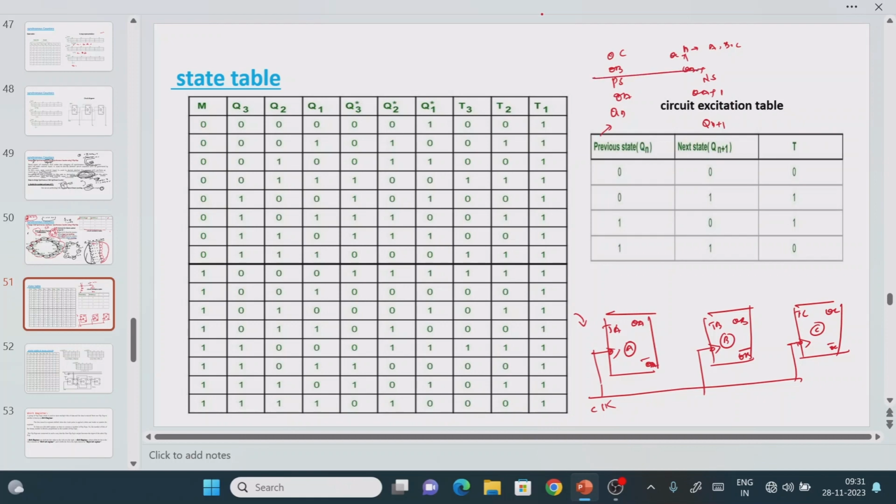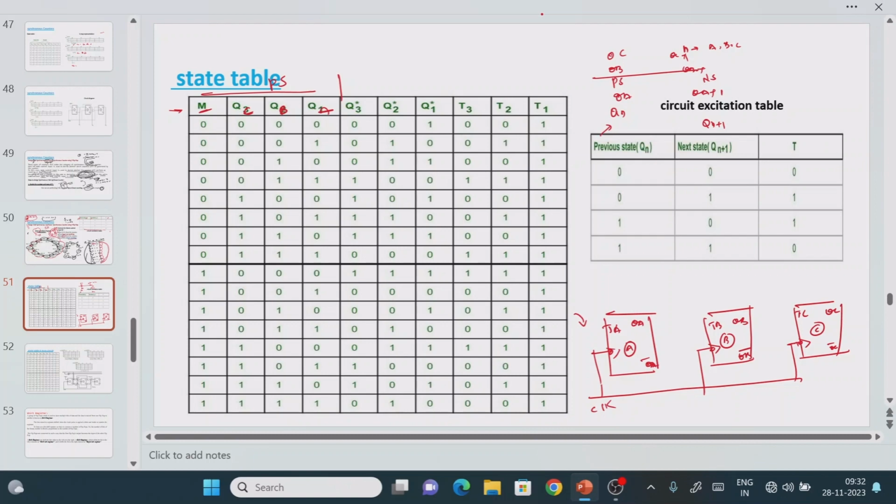So these are the present state values. First flip-flop it is QA, second flip-flop it is QB, third flip-flop is QC. Along with this synchronous counter design, we have something called the mode of operation. What is the use of this mode of operation?